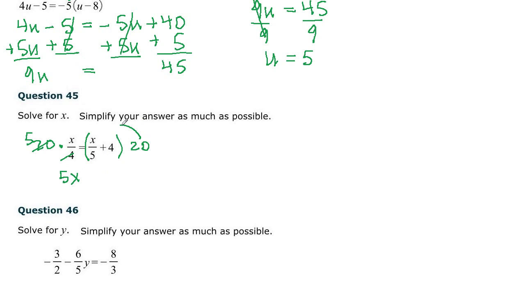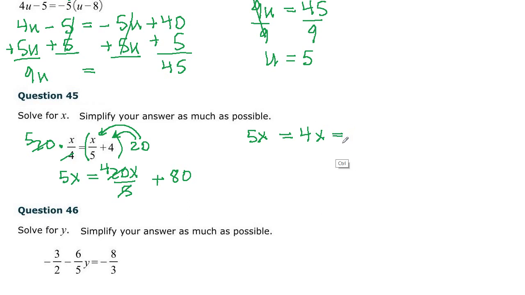And then we will multiply the 20 in here times each term. So that's going to be 20 times x over 5. So 20x over 5 plus 20 times 4, 80. And then 5 goes into 20 4 times here.